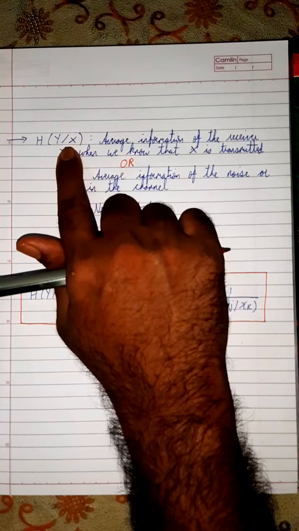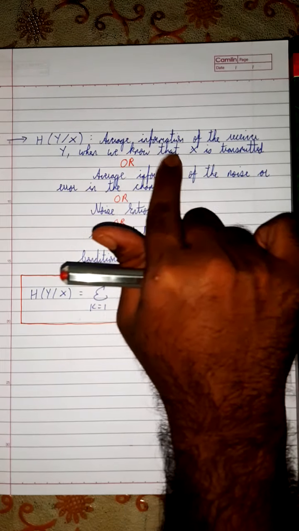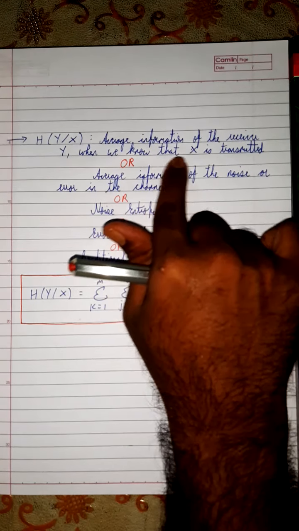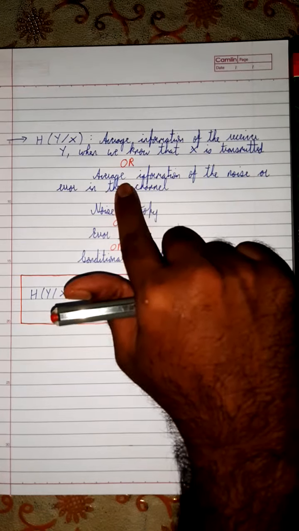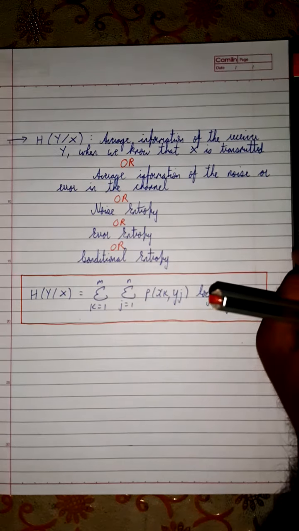The last entropy you have studied is H of y by x, which is the average information of the receiver y when we know the value of x, when we know that x is transmitted, or average information of the noise or error in the channel, or noise entropy or error entropy, also called the conditional entropy.